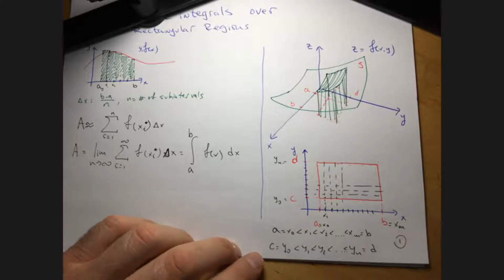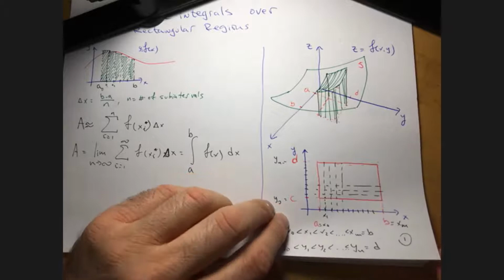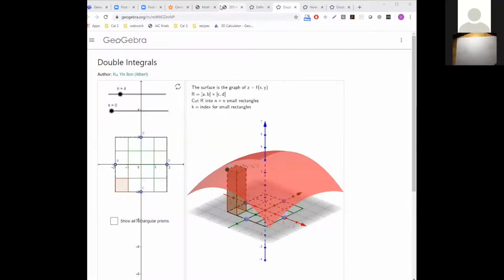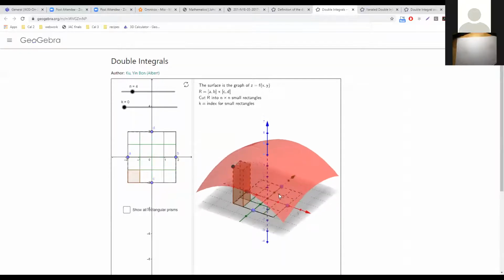So what do we have here? We have something that is going to be very complicated for me to sketch, but it's going to be much easier if I just show you this graph right here.